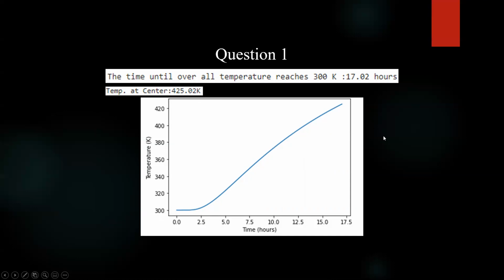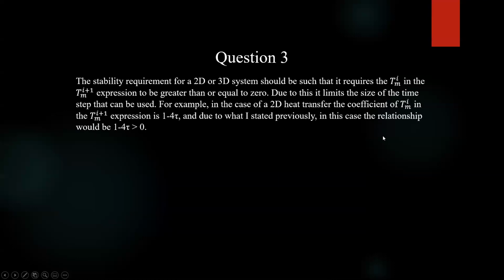So for question three, I managed to find a correlation between the 2D and 3D systems, and the correlation is such that it requires the coefficient of T_m^i in the T_m^(i+1) expression to be greater than or equal to zero. Due to the limits in the size of the time step that can be used, it actually limits the time step that can be used when calculating and using code as well.